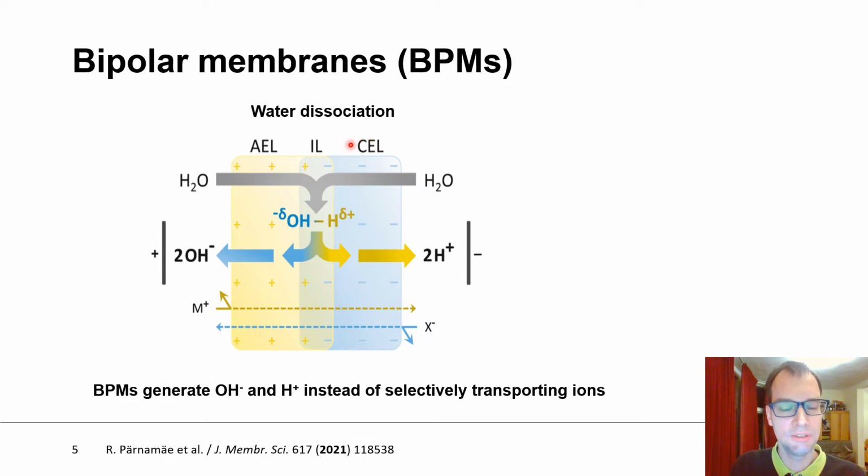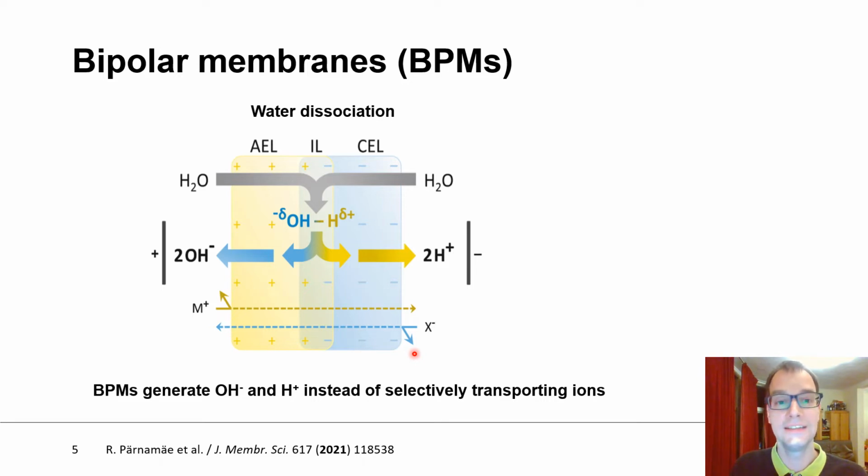Now, if you put it in the right way in relation to the positive and the negative electrode, you can see that ions cannot travel through it, because a positive ion that wants to move to the negative electrode is blocked by the anion exchange membrane here, which does not allow for the transport of cations. Negative ions that want to move towards the positive electrode are blocked by the cation exchange membrane layer.